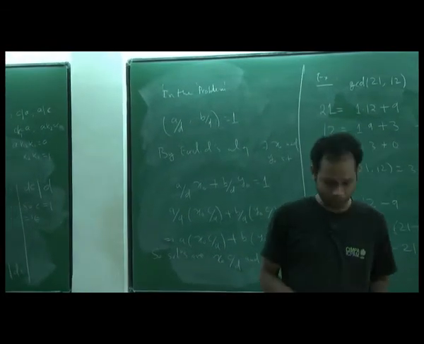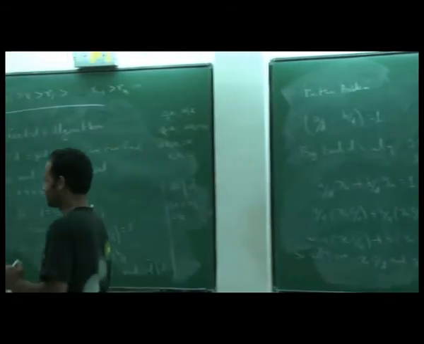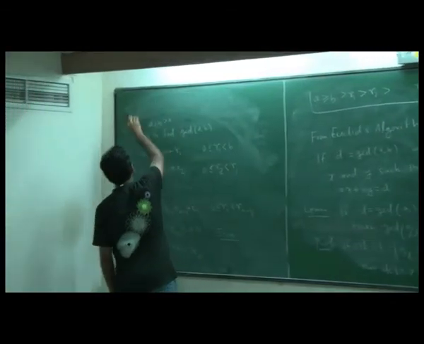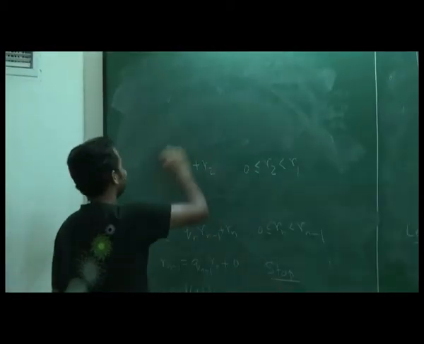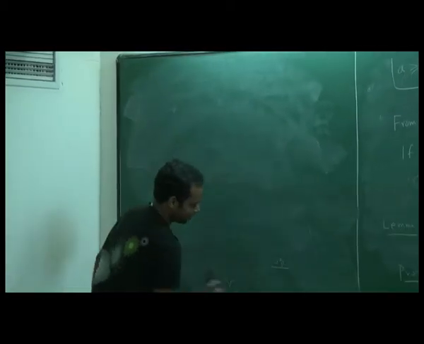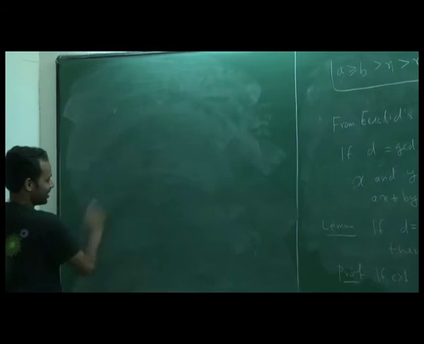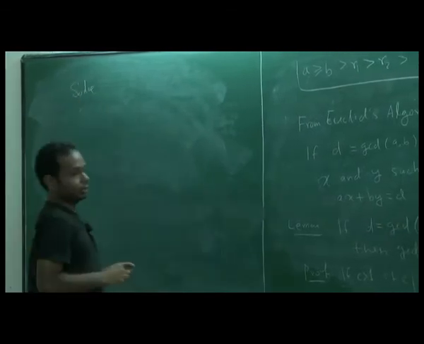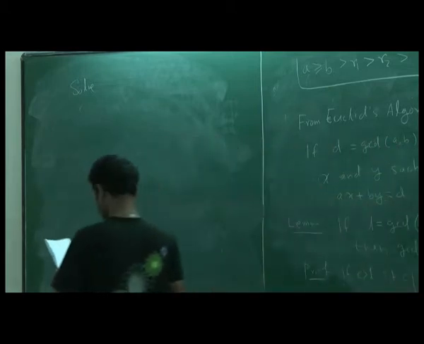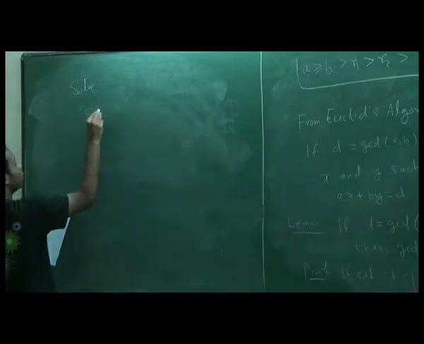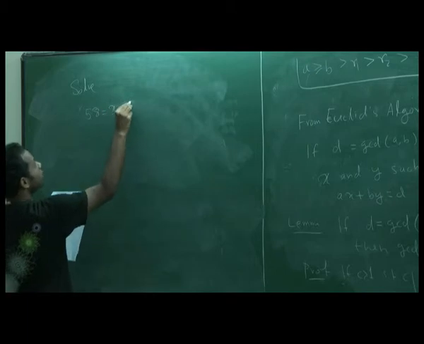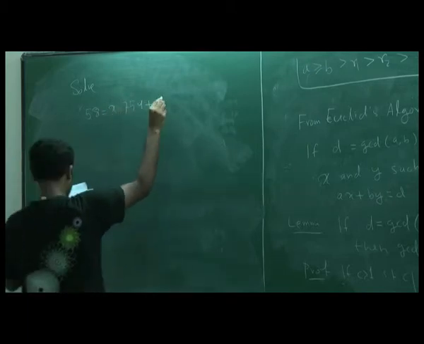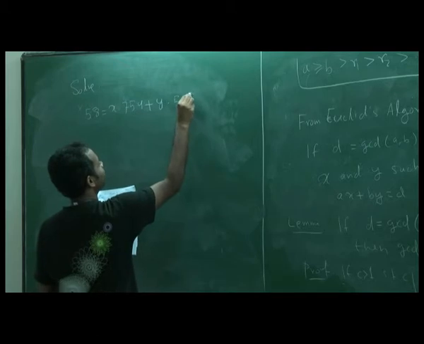Now the problem. Okay, so there is a prize on this. Let's see who does it first. Solve the following: 58 equal to x times 754 plus y times 5858.